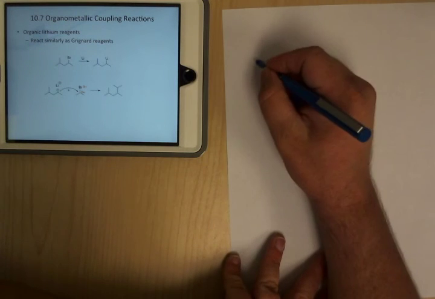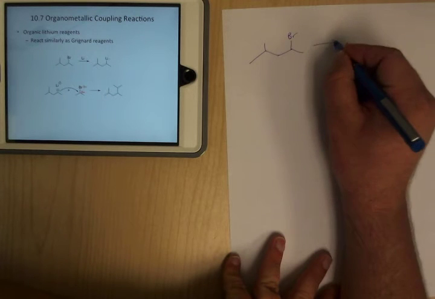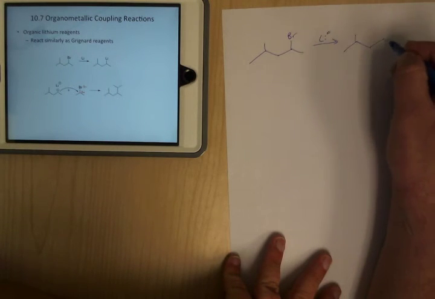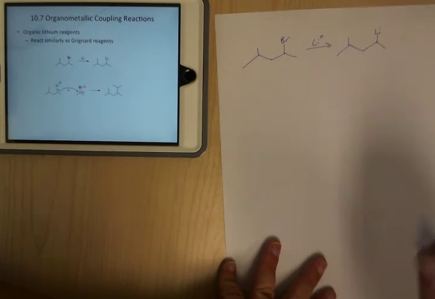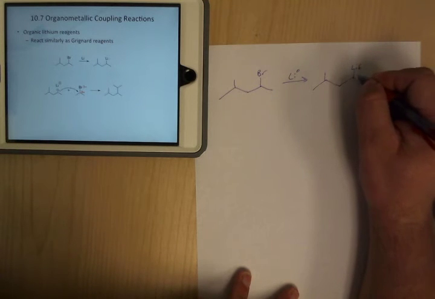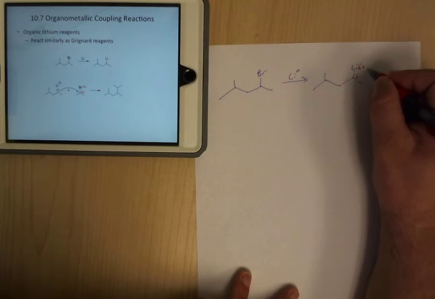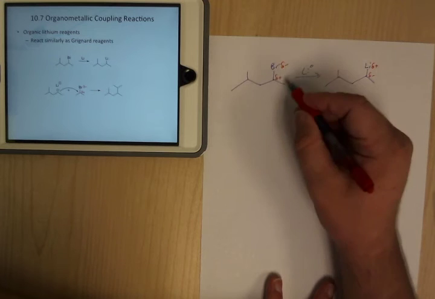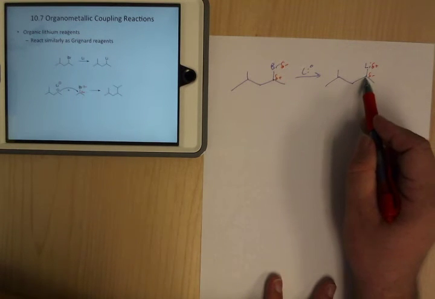So if you had Br and you just threw in lithium, just regular lithium metal, again it inserts itself. In this case, it actually replaces the bromine. But again, carbon is more electronegative than lithium, so you go from a carbon with positive character to one that has negative character.